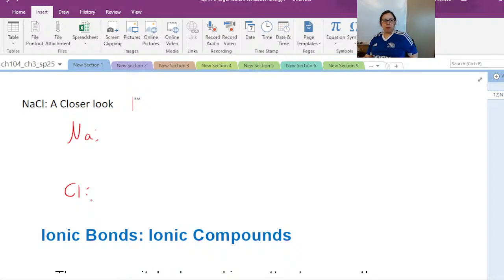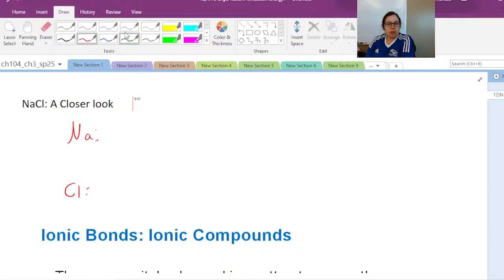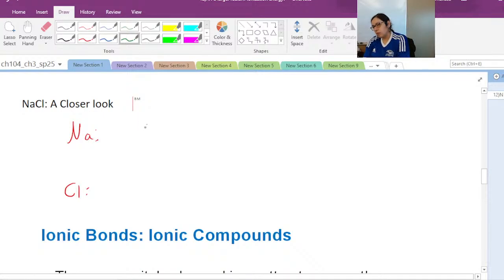So what do we get for our electron configuration of sodium? You can give me abbreviated too. So neon, and then what was the last one?